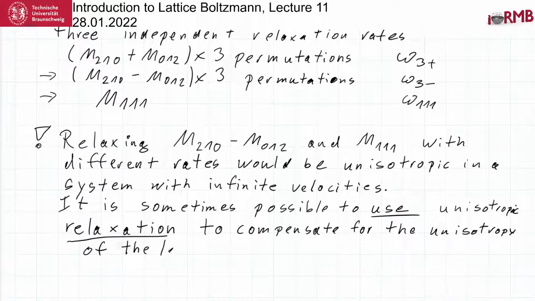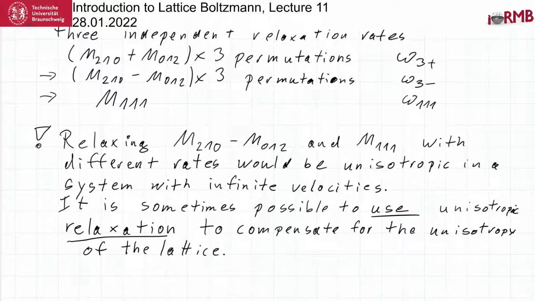The basic idea here is that two things which are both anisotropic can cancel each other out so that in sum they become isotropic.